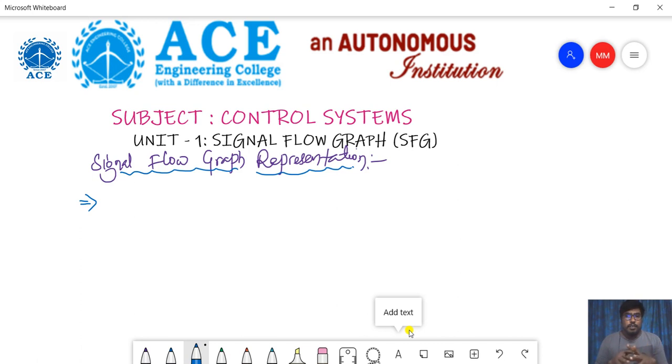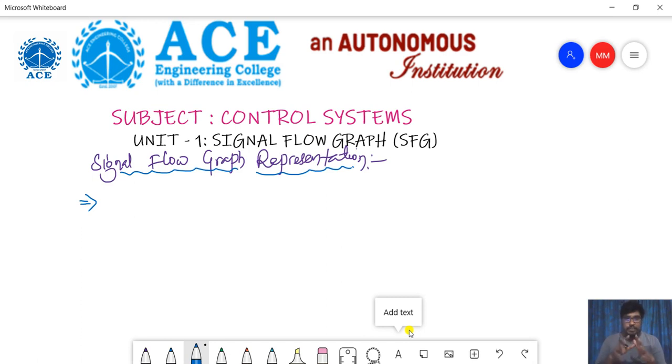In the previous class we discussed the block diagram reduction technique, right? In that we find the transfer function of the control system in the form of blocks. We reduce the number of blocks into one block, and finally we find the transfer function of the given control system. Now this is also the same as the block diagram reduction technique.